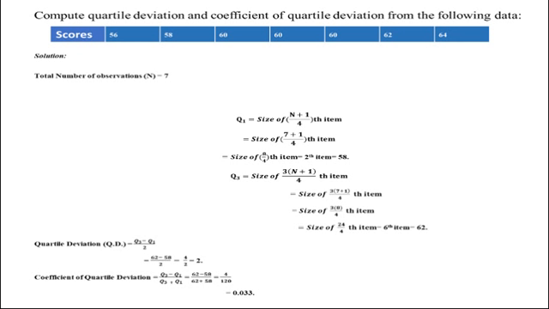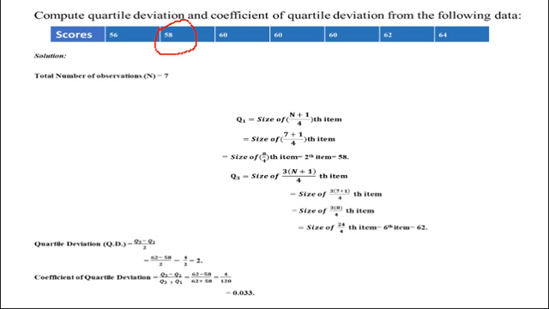So the size of the (7 plus 1) upon 4th item is Q1, that is 8 upon 4, which is equal to the second item. In the data, the second item is 58. It is our lower quartile.